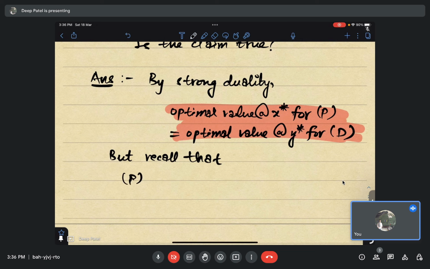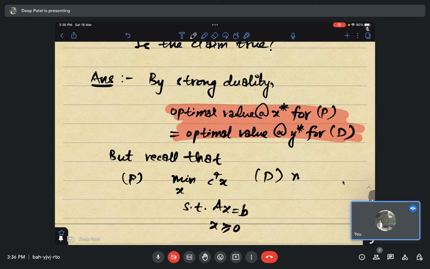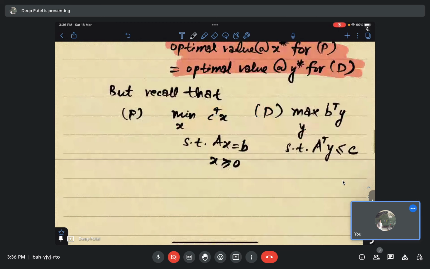My primal in the standard form will be minimum C transpose X such that AX equals b and X greater than or equal to 0, and the dual will be maximum b transpose Y such that A transpose Y less than or equal to C.